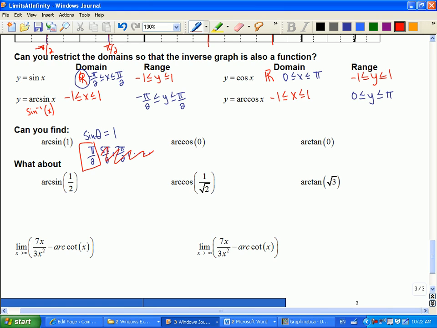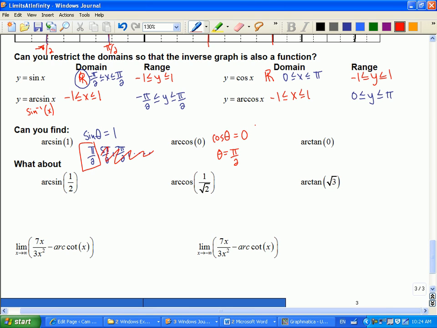Okay? So you try them for arc cosine of 0 and arc tangent of 0. See if you can figure out how you would do that dealing with the inverse cosine. So you're thinking about it the right way if you're trying to go cosine of theta will be equal to 0. You're trying to figure out what angle does that. So any ideas? Yeah, pi over 2 again.